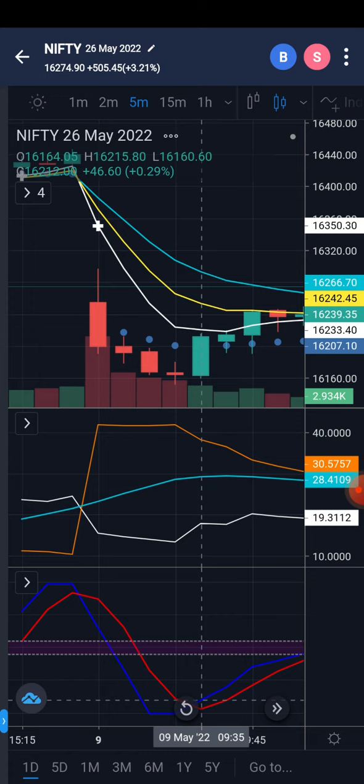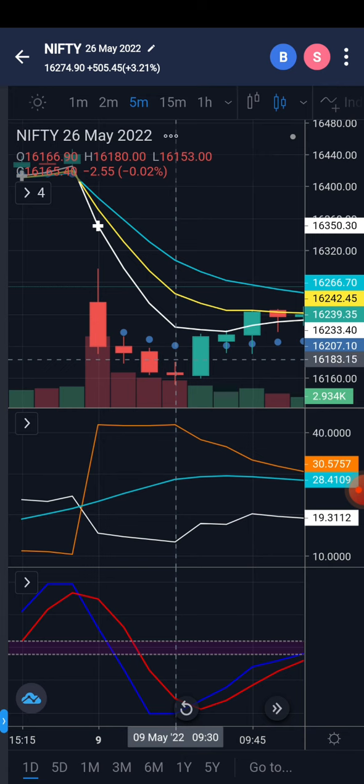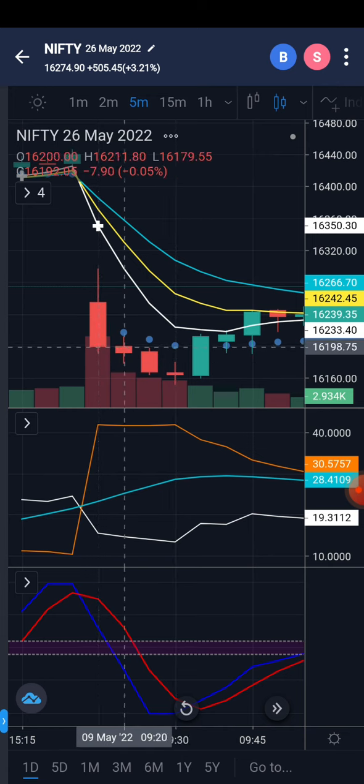And if the candles are formed below the VWAP and D minus is above, and the RSI is coming down, then it's a selling signal, and I will buy the put.